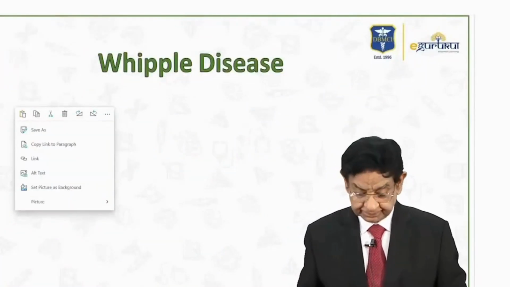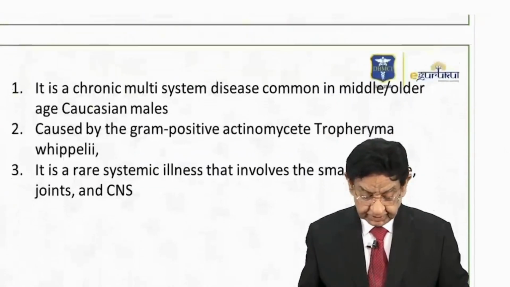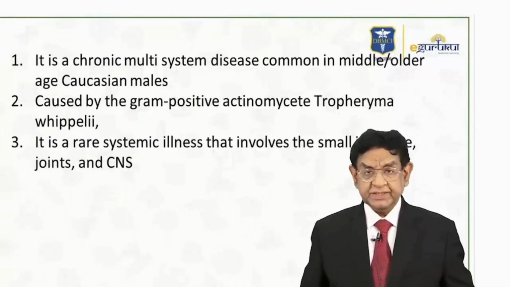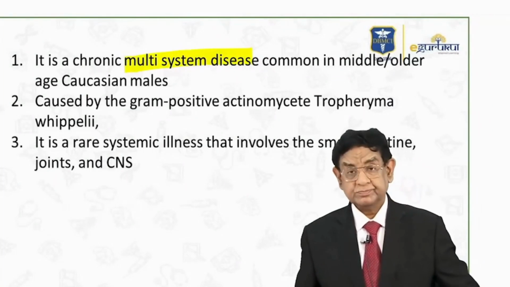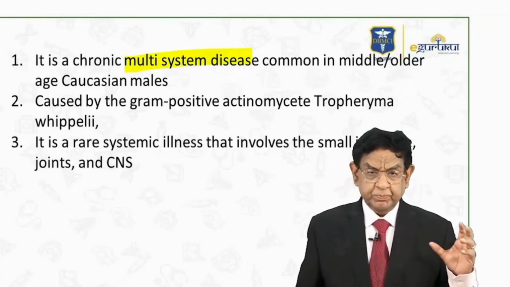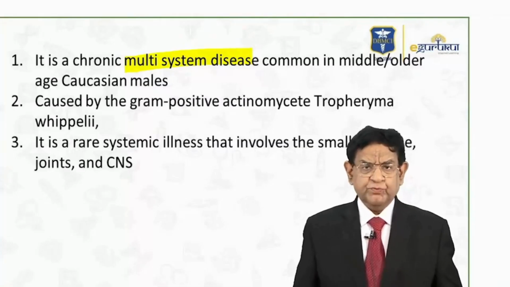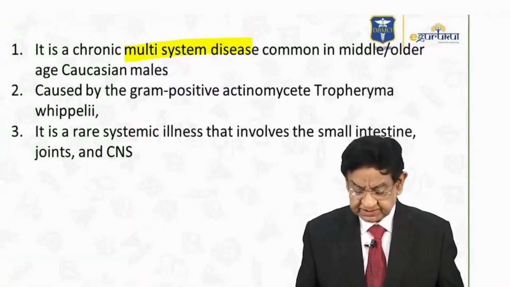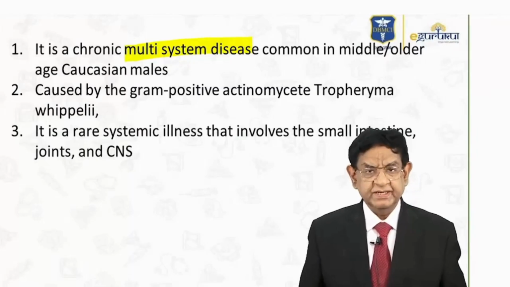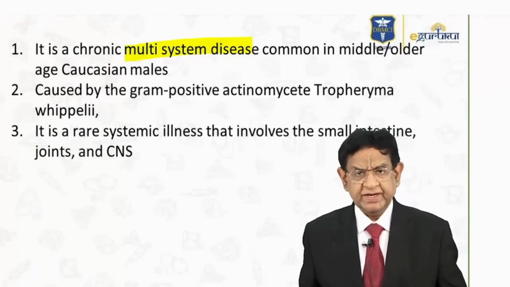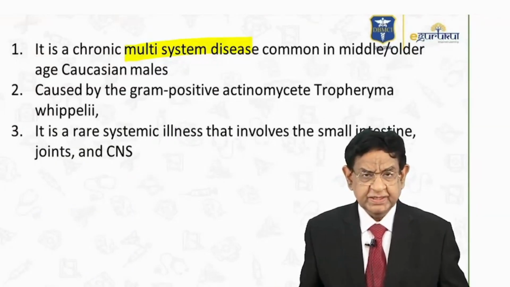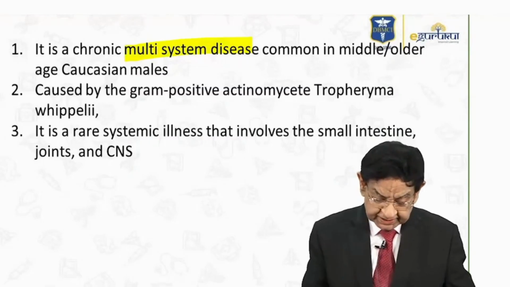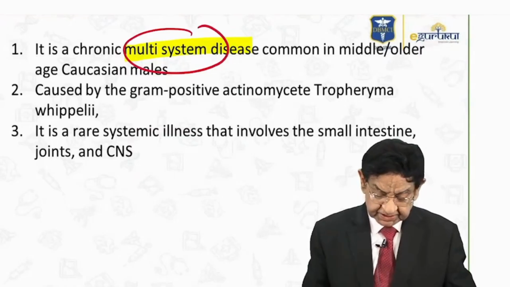Whipple disease. Now, it is a chronic multi-system disease. Point to be noted here is, so far whatever diseases of the small intestine we have discussed, they are usually confined to the problem of the intestine, diarrhea, steatorrhea. But here it is a multi-system disease.